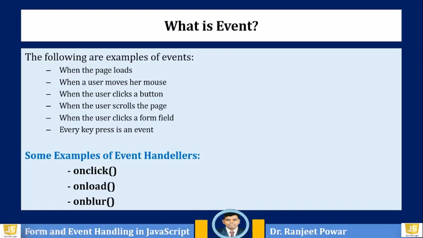For example, all the following are events: when the page loads, when the user moves the mouse, when the user clicks a button, when the user scrolls the page, when the user clicks a form field. Every key press is an event, and events are happening all the time.